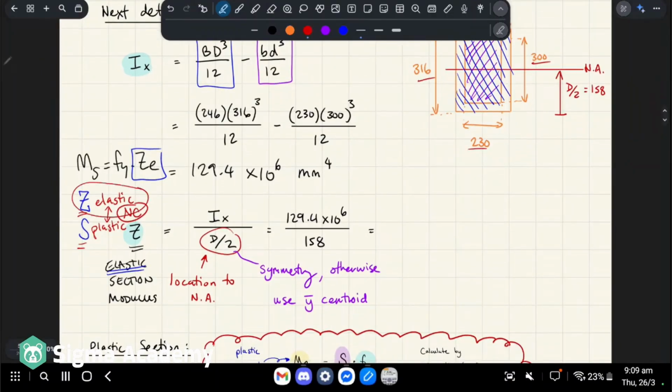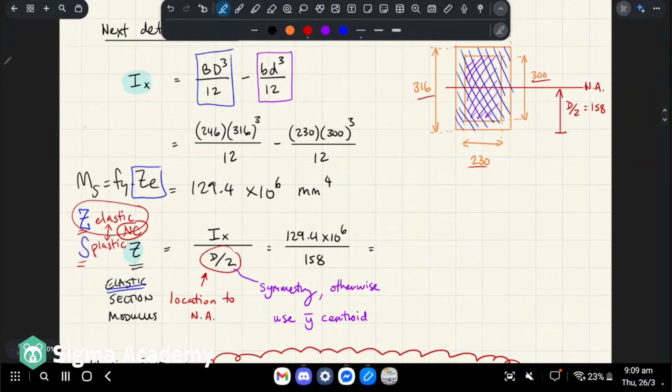So for elastic section modulus, My is our first yield moment, and we can find that by using this formula. So Z is basically, if you're in elastic bending, right? So here's our box section, here's the neutral axis.